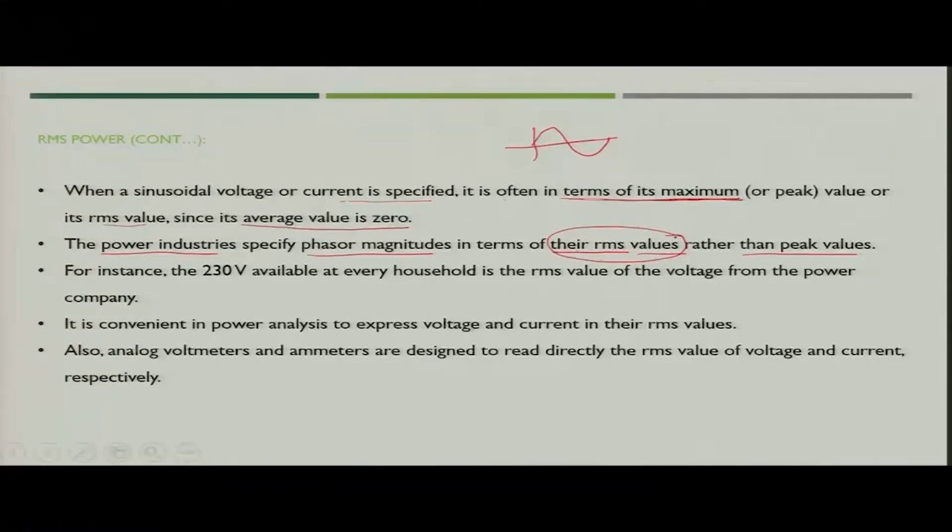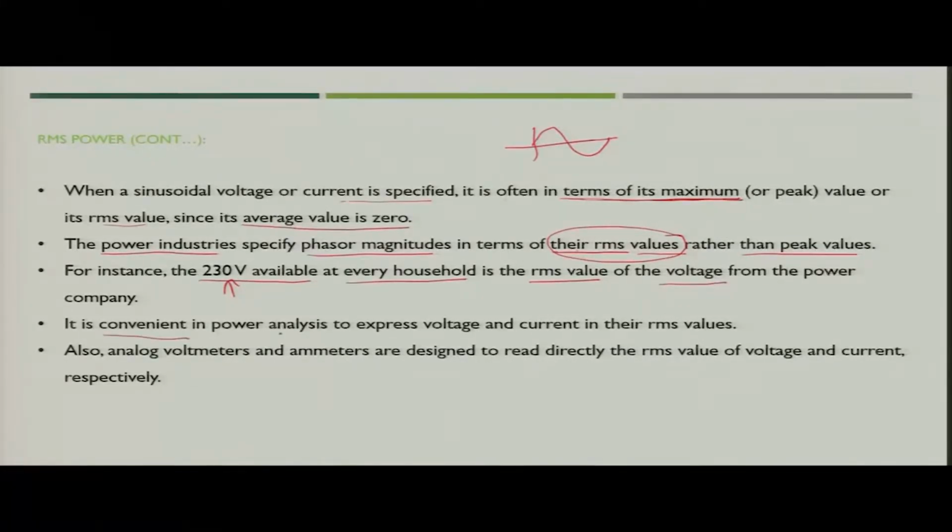It is mostly used in almost all communications when we talk about the various voltage and current signals in electrical engineering or in the power system area. Say for example, if you see 230 volt which is coming to every household, this is the RMS value, not the peak value. So, whenever we say that the voltage in our house is 230 volt, it implies that we are talking about the RMS value, not the peak value.